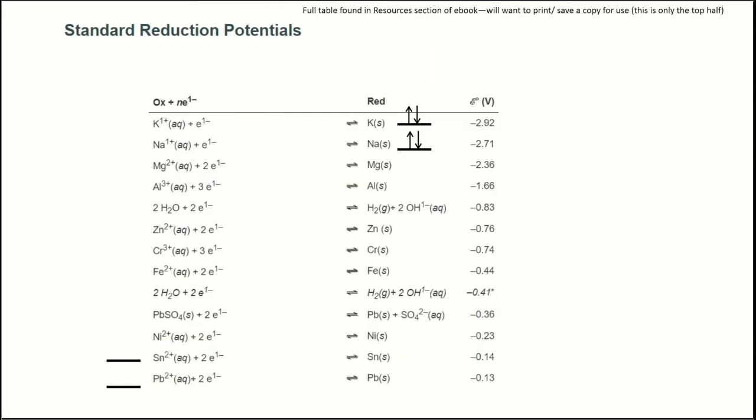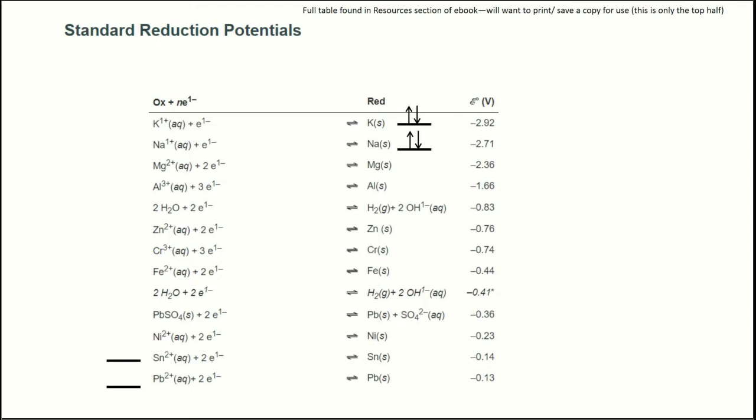Before we go through an example, I wanted to demonstrate what I meant by saying imagine that the components on the left of the reaction arrow have empty orbitals, as I've indicated here by the tin 2+ and lead 2+ aqueous ions.